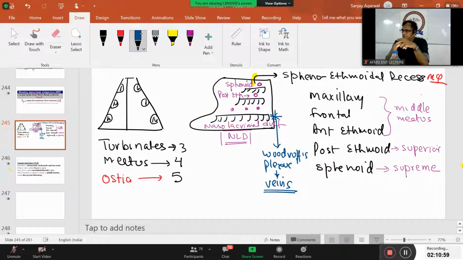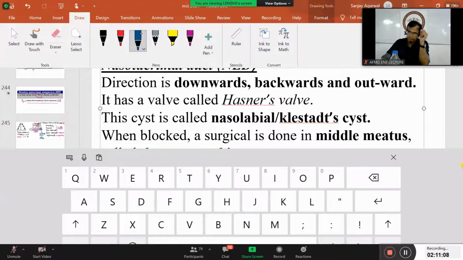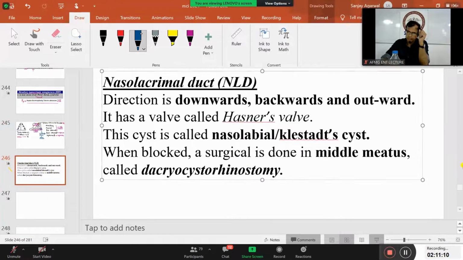Now, nasolacrimal duct, you have to know a few more things. These are the four or five points about the nasolacrimal duct that you have to know.